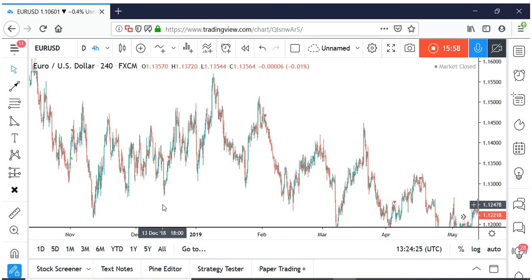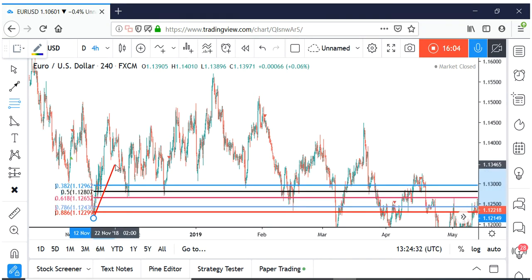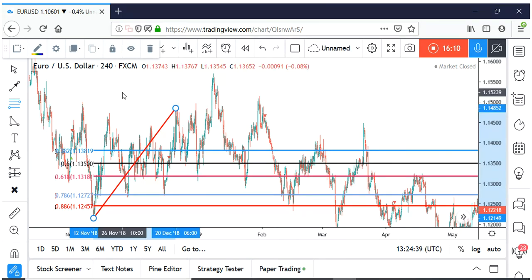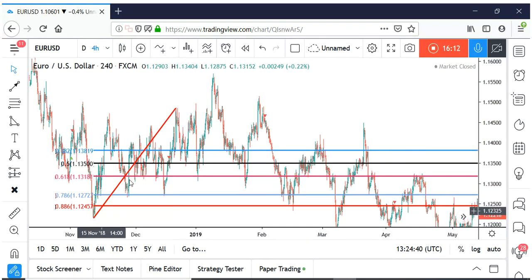First of all, we identify the first leg, X to A. As you can see, it pulled back down and ends at 618, so this is our X, A, and B is at 618.